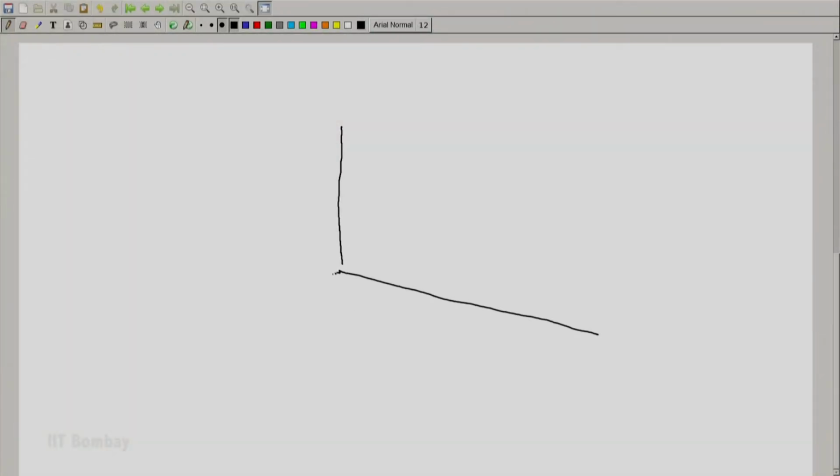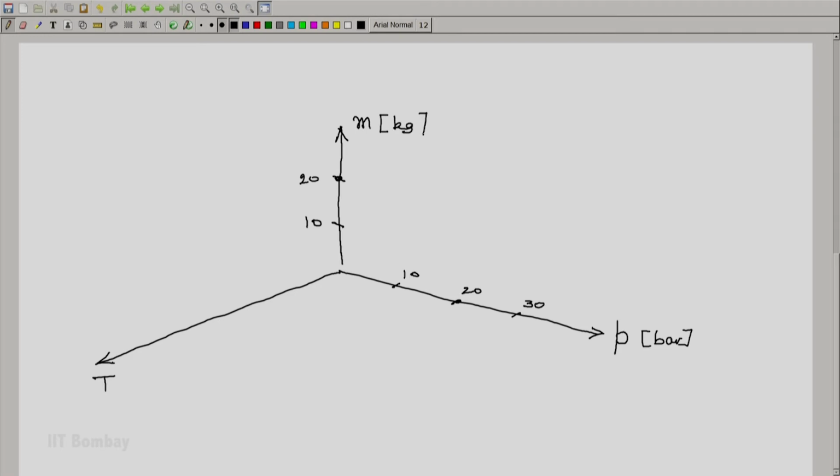And actually we can use this analogy to represent our system in three-dimensional space. We can nicely sketch the three dimensions like this. Let us say here we represent pressure, here we will represent mass, and here we will represent temperature. The pressure is in bar and our pressure is 20 bar. Our mass is 20 kg. Temperature is 14 degrees C. So these are the three coordinates, and using these three coordinates we can now locate our point in the three-dimensional space.